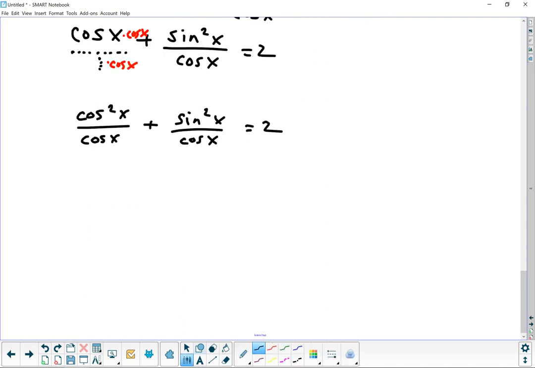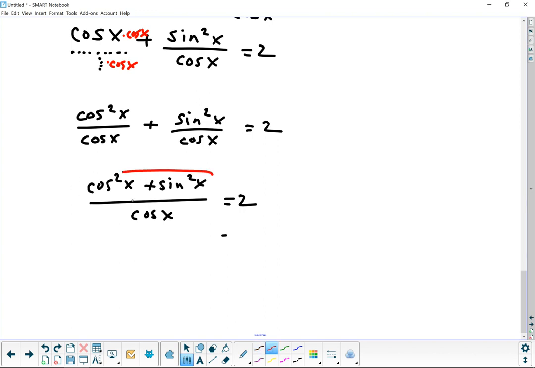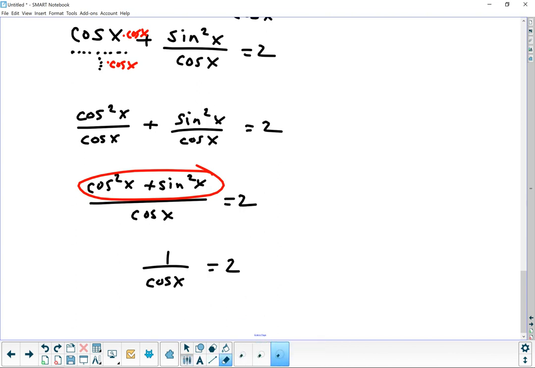All right, combine that. We will have cosine square x plus sine square x over cosine x equals 2. Right, and then if we use the trig identity for this part right here, that's 1. So we would get 1 over cosine x equals 2.